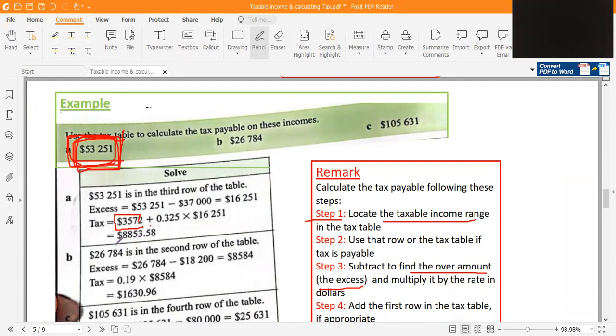How to obtain the over amount, how to calculate it? We use the taxable income, and we subtract from it the range, the upper limit, $37,000, to obtain the excess amount, 16,251.